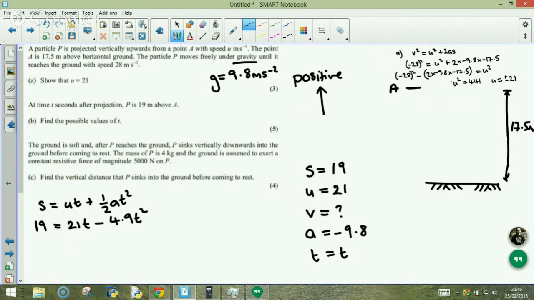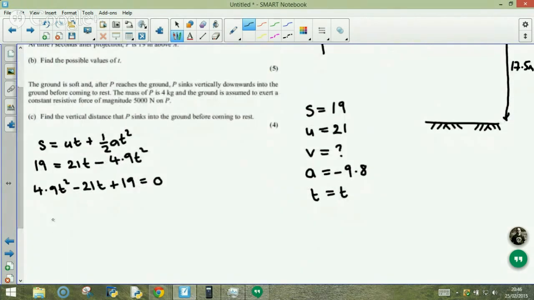So if I add that onto both sides, take 21T away, and we've got that. So in terms of possible values of T, now you can boldly try and factorize it, but to be honest, it's probably easier just to use the quadratic formula. So we've got A is 4.9, B is negative 21, and C is 19.